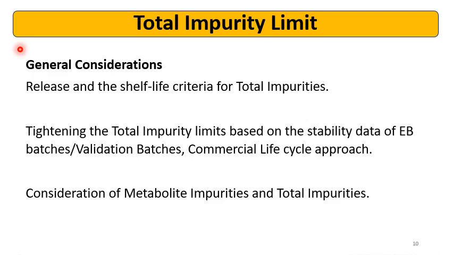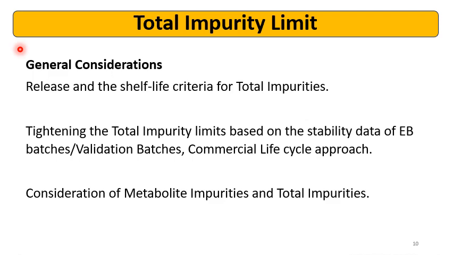Then consideration of significant metabolite or metabolite impurities and total impurities. So if the product is showing a metabolite as an impurity or degradant, that is required to be considered separately, and judiciously the impurity limit is required to be given to the impurity which is also a significant metabolite, so that sometimes the assay may get hampered if you consider the metabolite impurity in total impurity, and sometimes it may not get hampered.